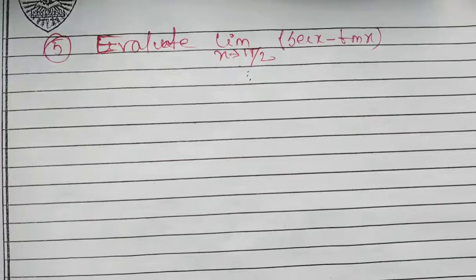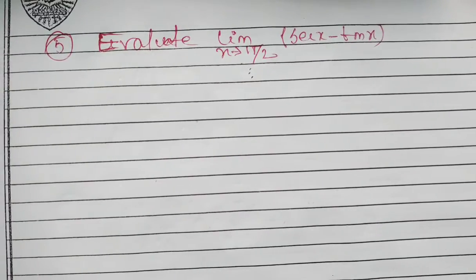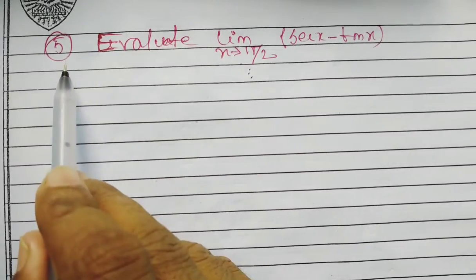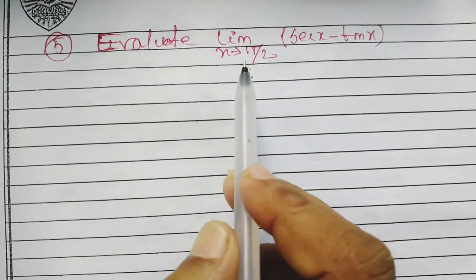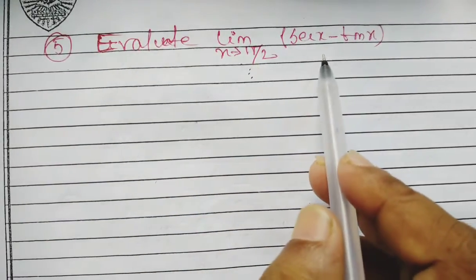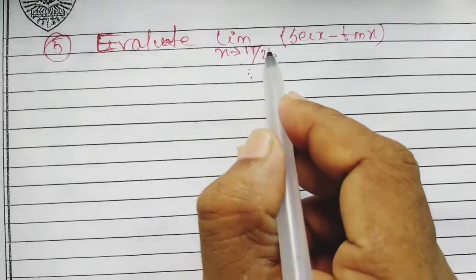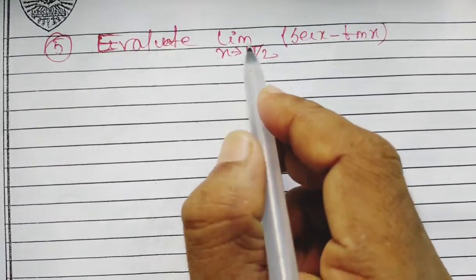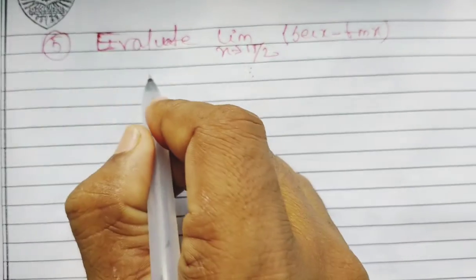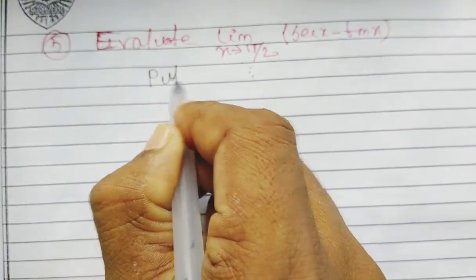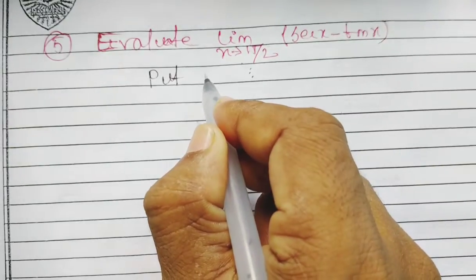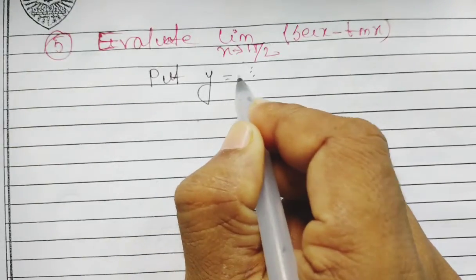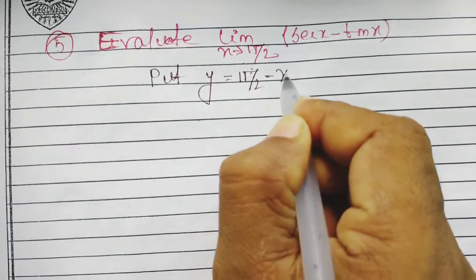Understood everyone? Now try question number 5. Here is question number 5. Evaluate limit x tends to pi by 2 of sec x minus tan x. So here x tends to pi by 2. For this type of problem we have to put y is equal to pi by 2 minus x.